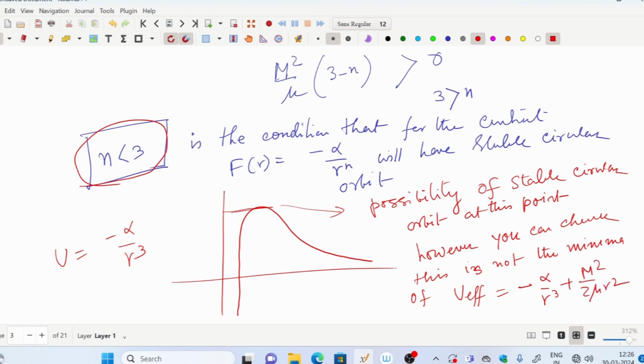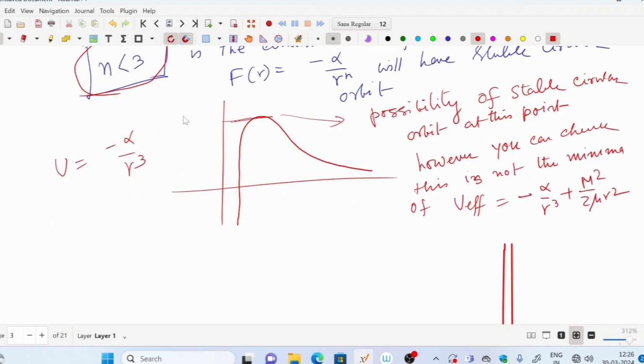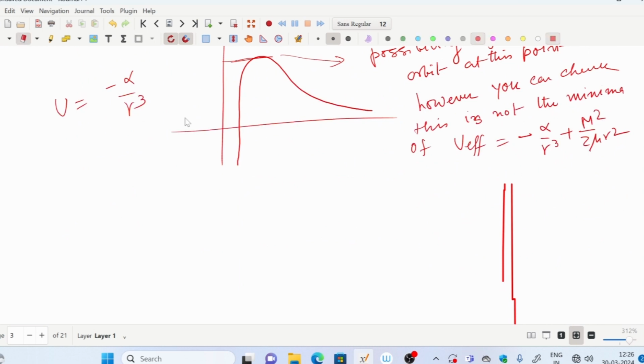You can check yourself the minimum or maximum value. So, I urge you to check, this will not be a stable circular orbit.